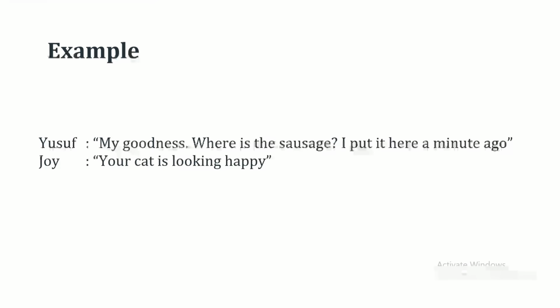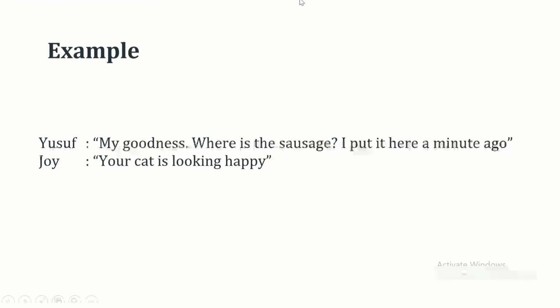So Yusuf will likely derive the implicature that the cat ate the sausage from Joy's statement. So this is due to Yusuf's belief that Joy is observing the conversational maxim of relevance in the specific context of Yusuf's question. So that is all the explanations about the 4 maxims.